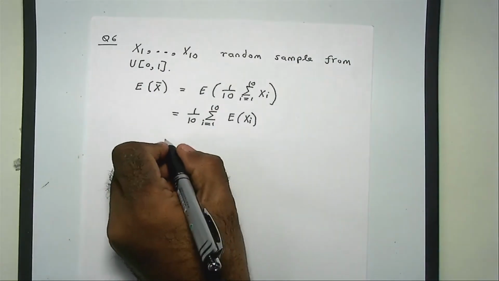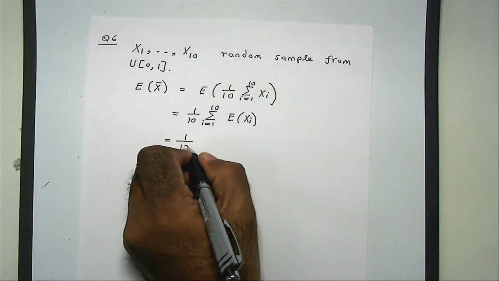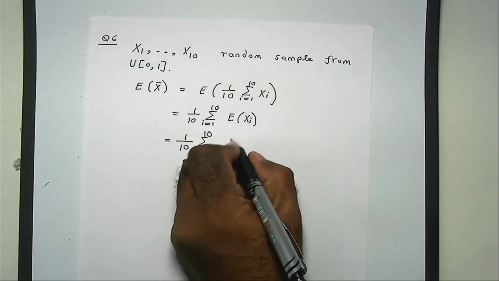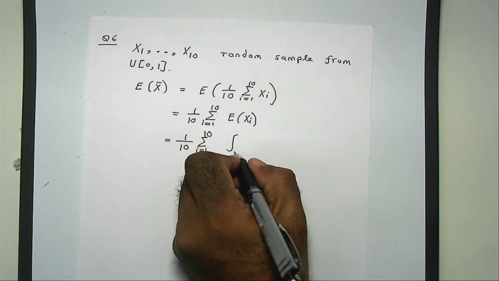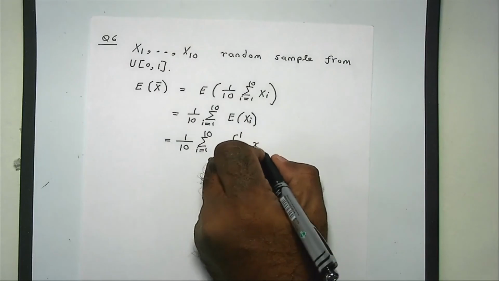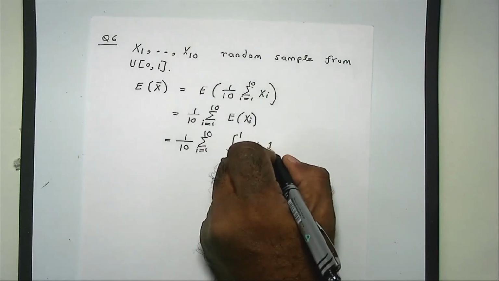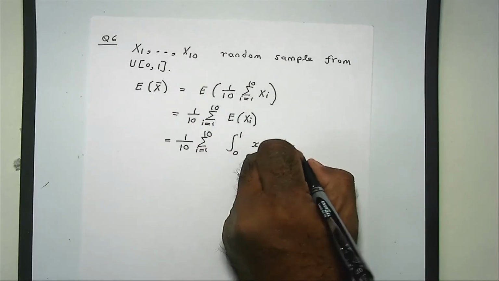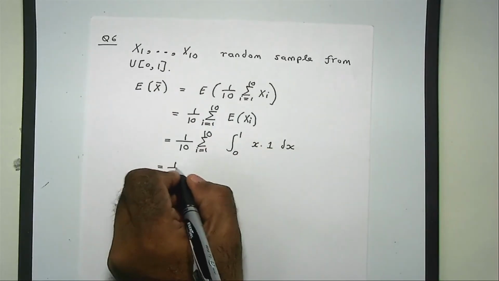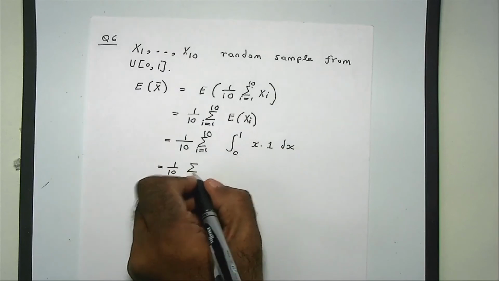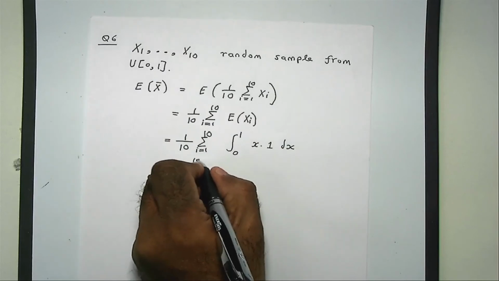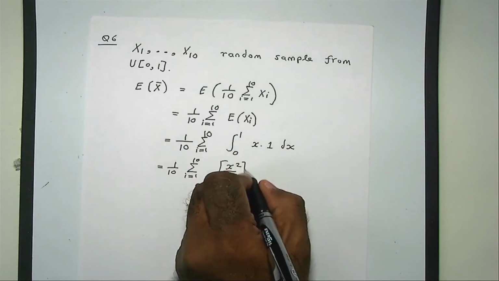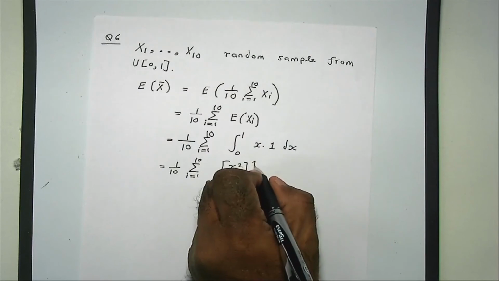So it's going to be the integral from 0 to 1 of x times the PDF, which is 1, dx. So this is going to be 1 over 10 times the sum of x squared by 2.